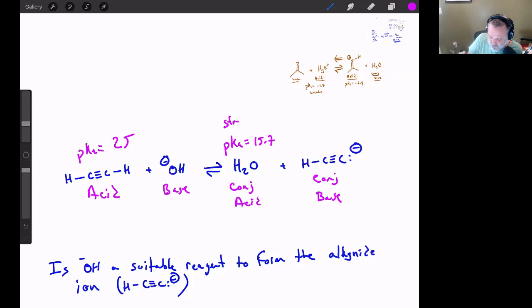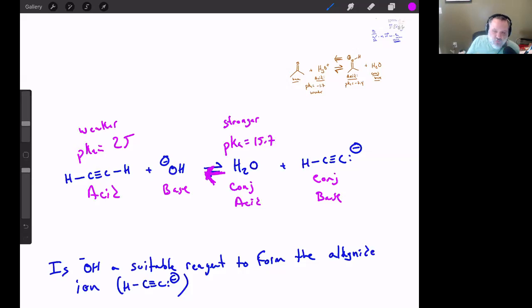So which one's stronger and which one's weaker? This is the stronger acid with the lower pKa. This is the weaker acid with the higher pKa. So this reaction is reactant favored, and not product favored.